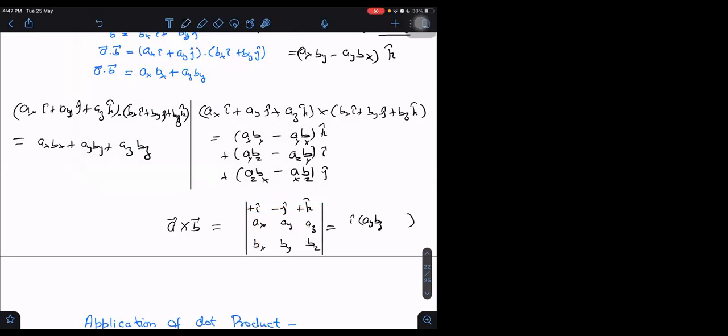See, when the arrow is this way, then it is positive. Other side, back side, it is negative. AY BZ minus AZ BY. Second term. While writing the second term, it is already minus J cap. See, already it is minus J cap written here. But cut this, cut this. Now take AX BZ minus AZ BX.